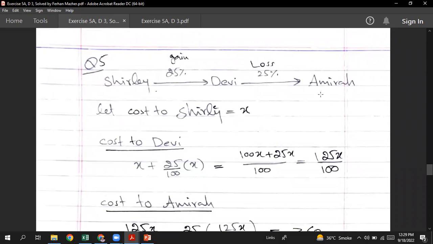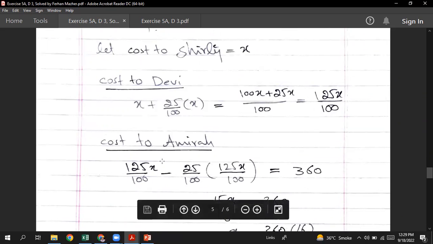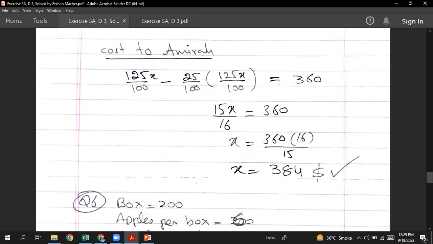Devi sold this to Amira at a loss of 25%. So she made a 25% loss. This is the cost minus 25% of the cost. So 125x by 100 minus 25% of 125x by 100 is equal to $360.